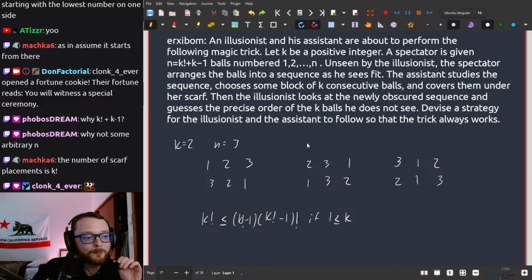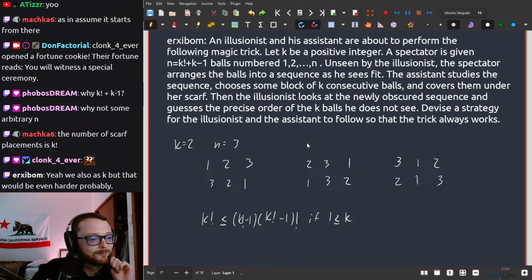And so it must make for some convenient, or I guess what it does is make sure you have enough information in the remaining uncovered numbers that you could encode the rest of the information. But I feel like there might be something else you can do with that number too. I'm just not sure.